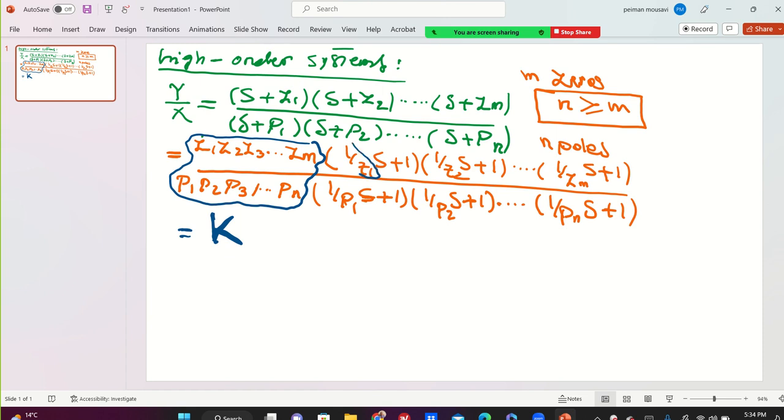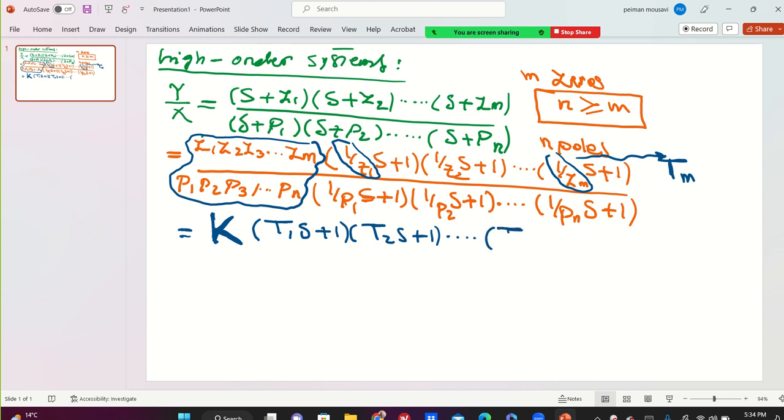Then I'm gonna name this T. So this is gonna be T1, T2, Tm, and you're gonna write T1s plus 1, T2s plus 1, and Tms plus 1.